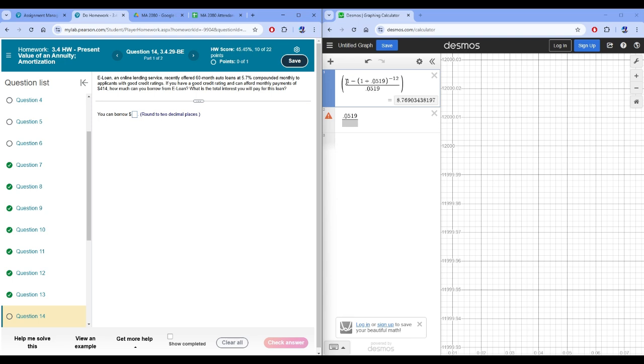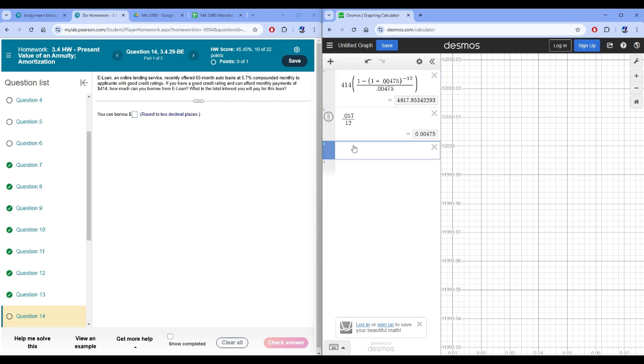Okay. So the payment is $414, and the rate is 5.7% compounded monthly, which means this is 0.00475, and down here is also 0.00475.